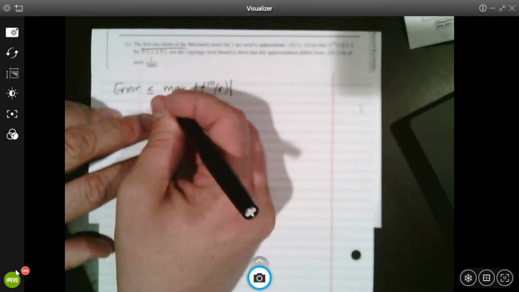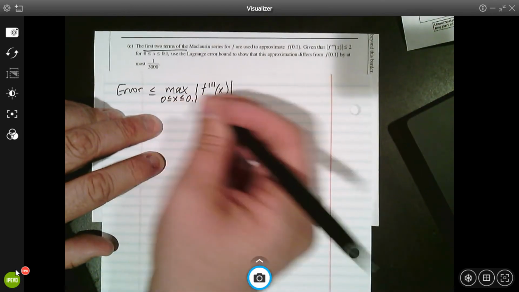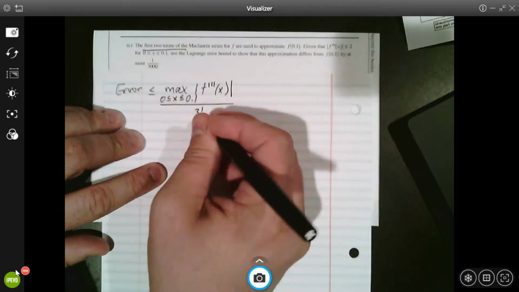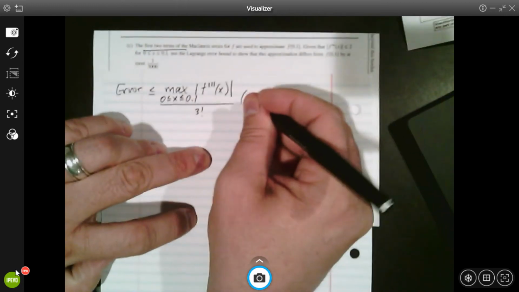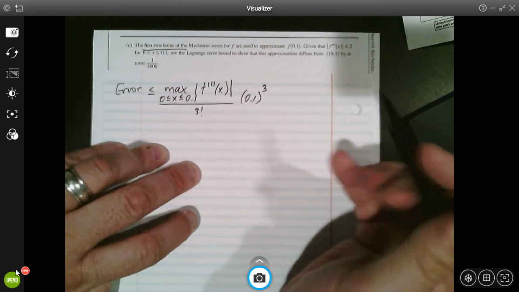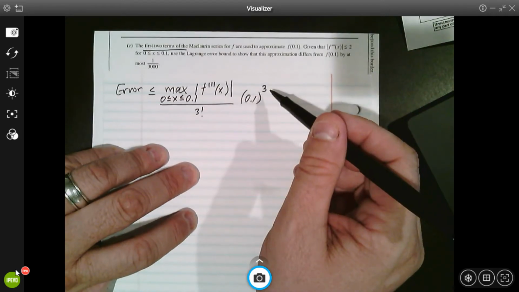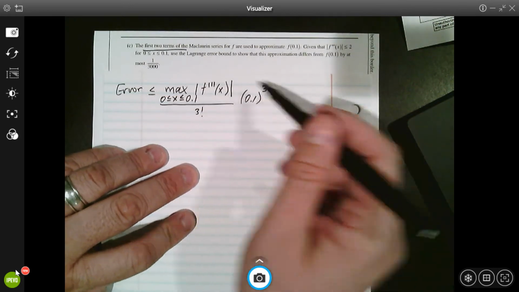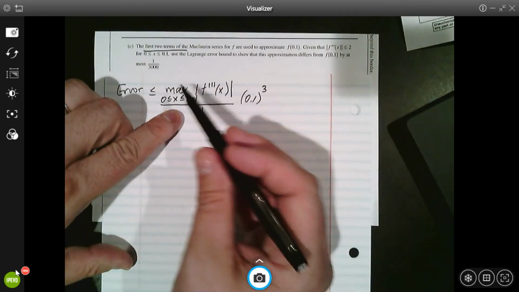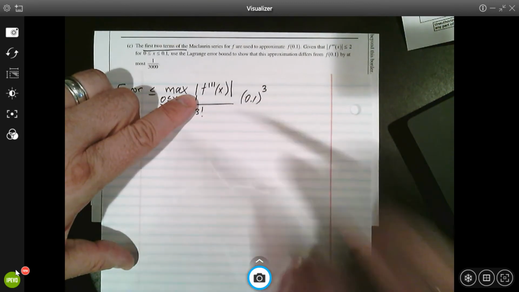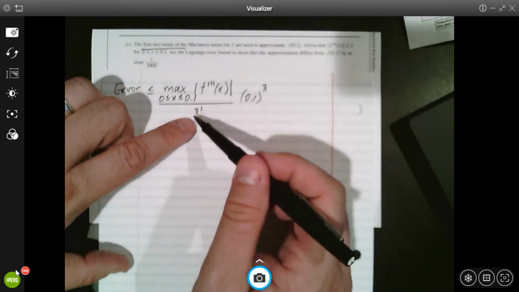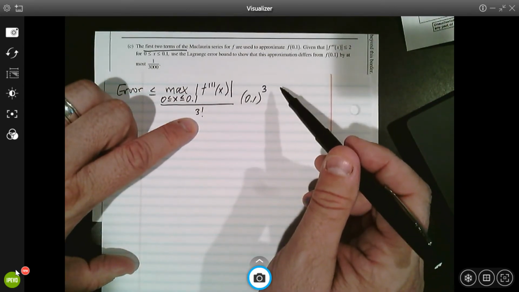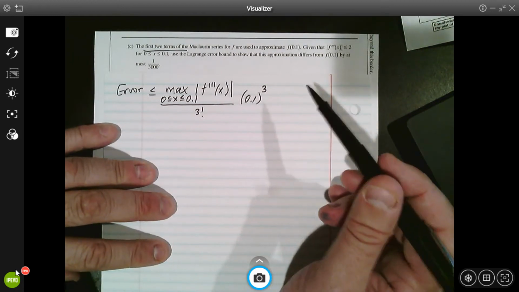So we're looking for the maximum on this interval 0 to 0.1, divided by 3 factorial times the value that you're estimating to the third power. Yep, that's what the Lagrange error bound says. This is just a form that you need to know: the maximum of the absolute value of the one more derivative over 3 factorial times the value that you're approximating to that same power. Well, let's do this out.